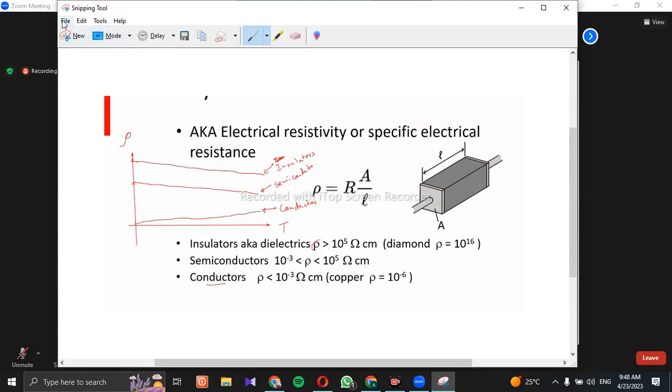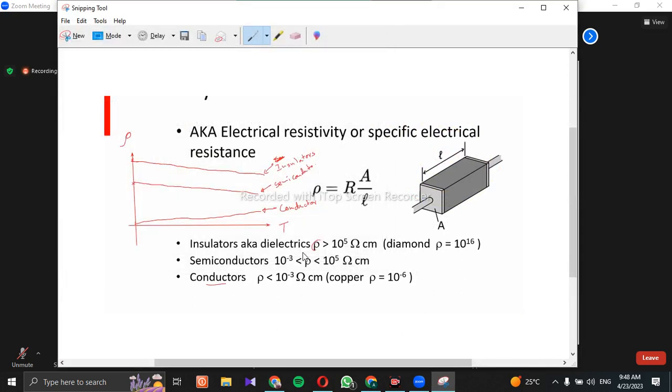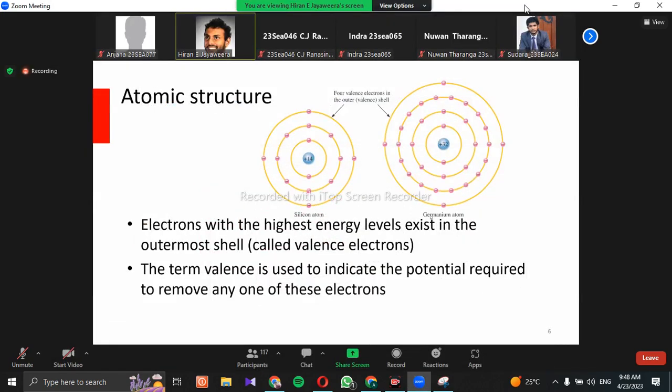Now, again, we are moving towards the atomic structure of the material. Here you can see two different atoms, silicon and germanium. If you look at the periodic table, both silicon and germanium come from the fourth group, that is the fourth column in the periodic table.